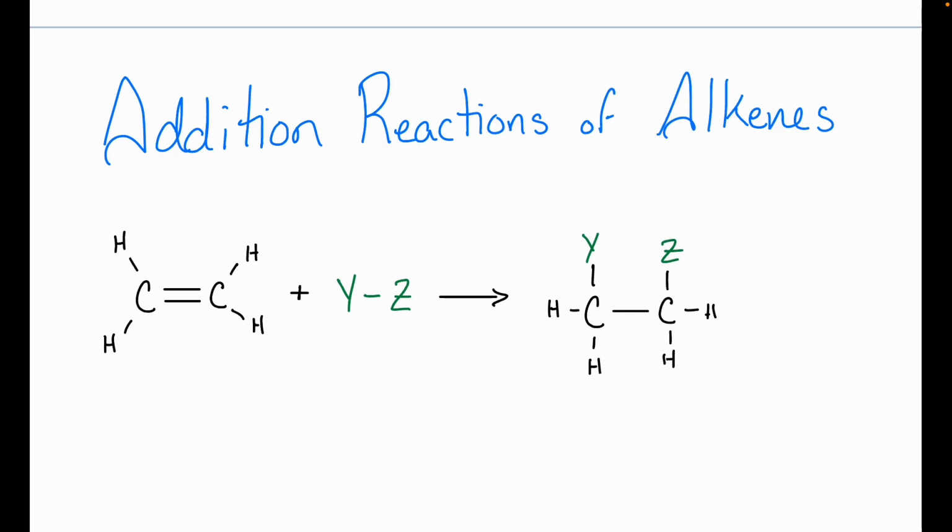So we're taking this molecule right here and adding it to our alkene. Again, we've broken that pi bond and replaced it with two single bonds, one on either carbon. So this is the general framework for all addition reactions.